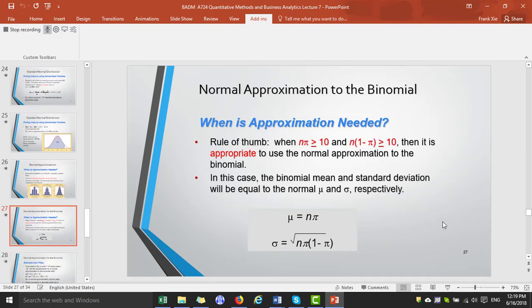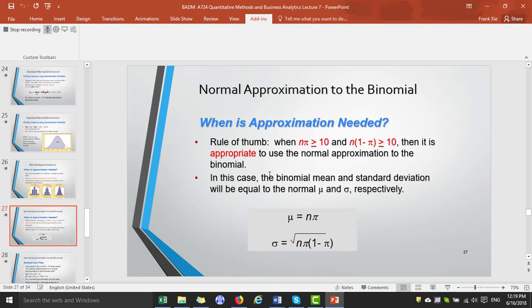Okay. So when is approximation needed? The rule of thumb here is if n times pi is equal to or larger than 10, and n times 1 minus pi is equal to or larger than 10, then it's appropriate to use the normal approximation to the binomial. In this case, the binomial mean and standard deviation will be used as the normal mean and standard deviation.